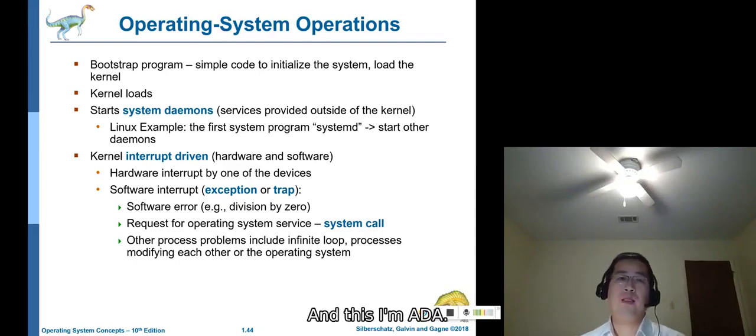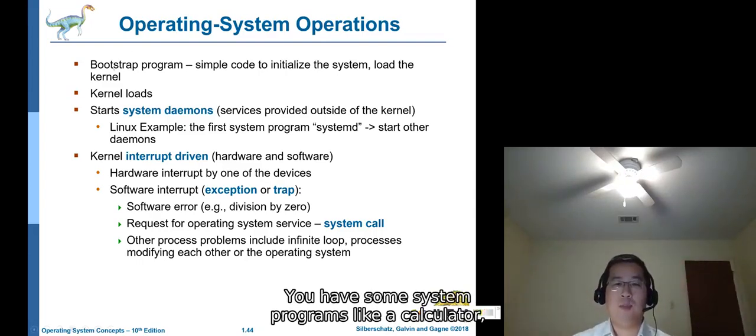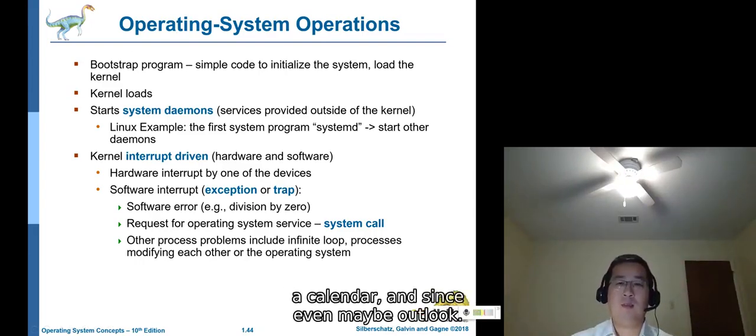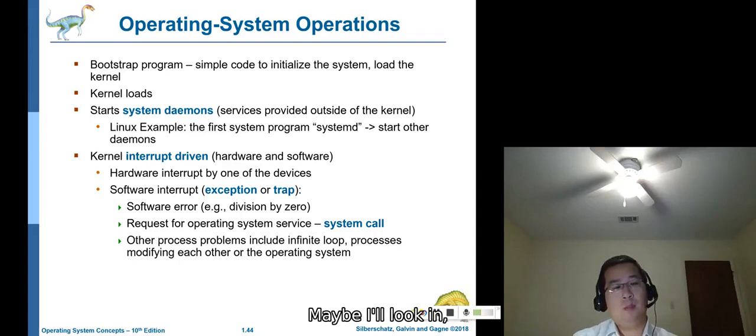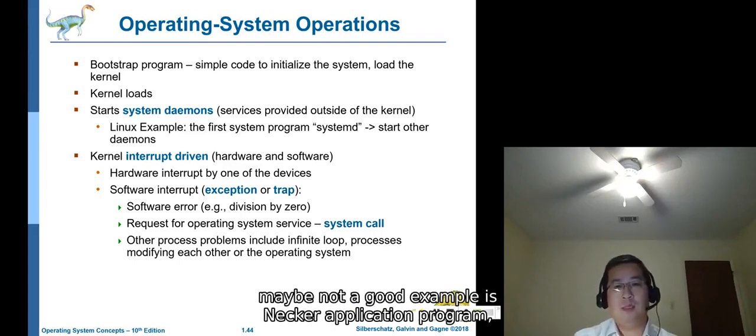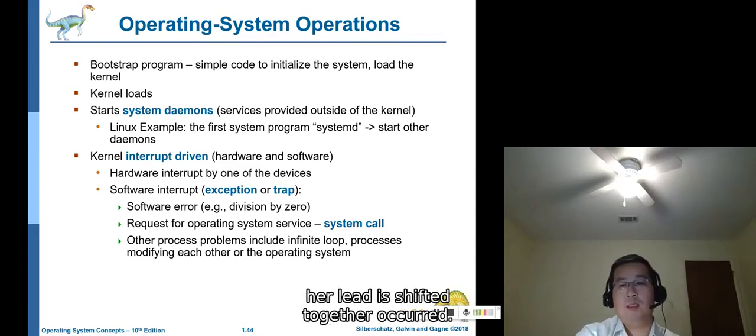Okay, and then some others you can open, you can disable, you can end. For example, even as we mentioned about the operating system, you have some system programs like a calculator, calendar, those things, even maybe Outlook. This one is built on top of those. Maybe Outlook is not a good example. It's like an application program, but a calculator is shipped together with it.